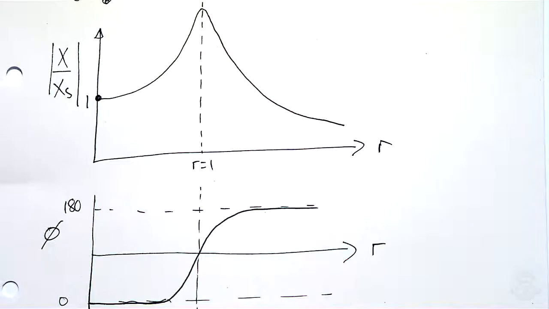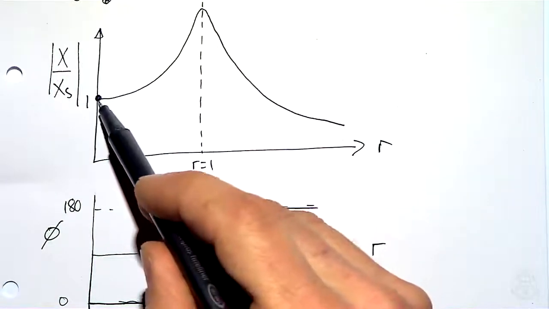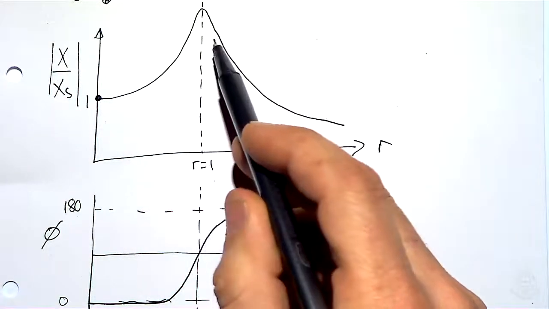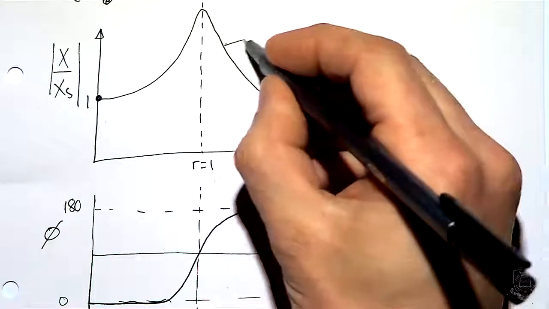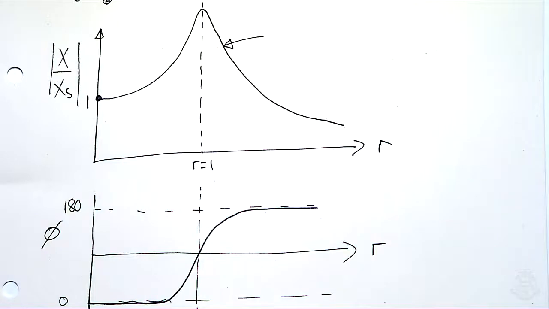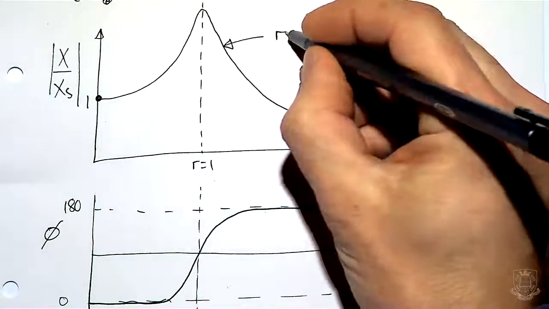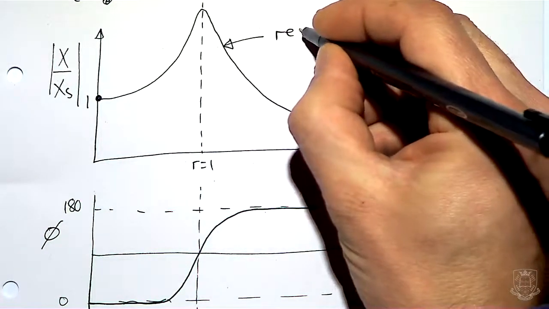And so what does this mean physically? Well, this is showing what we would know as a resonance in a physical system, isn't it? This kind of increase in amplitude is often called a resonant peak or resonance peak.